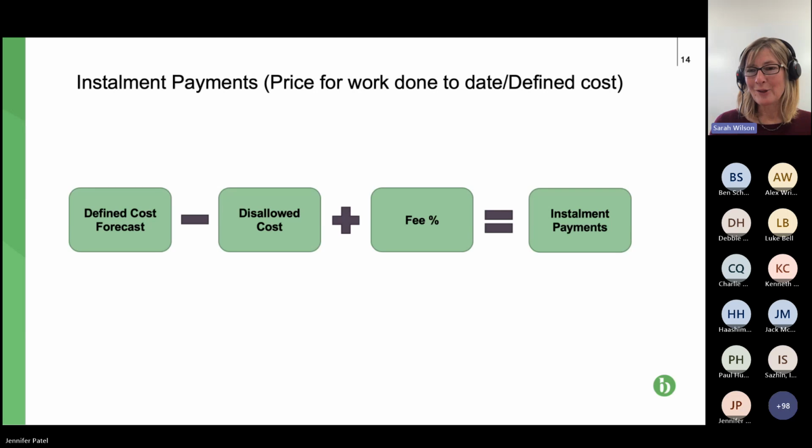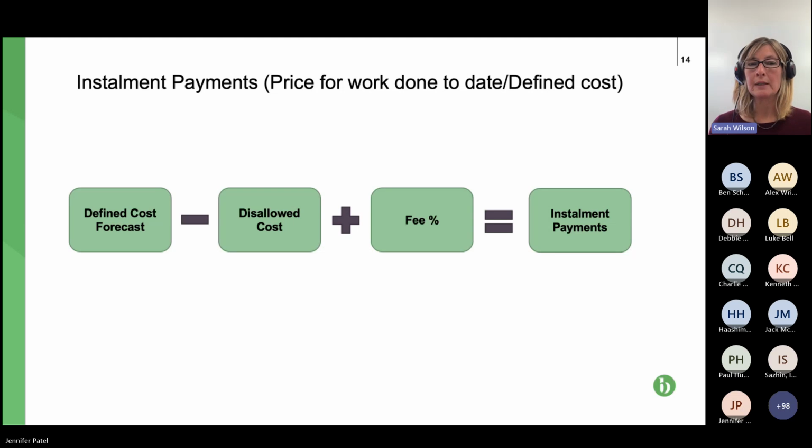Then another pictorial representation: this is what I've called the instalment payments. This is what the contractor or subcontractor gets paid as they go through the project on a monthly or milestone basis. This is defined in NEC as the price for work done to date, stroke, defined costs.